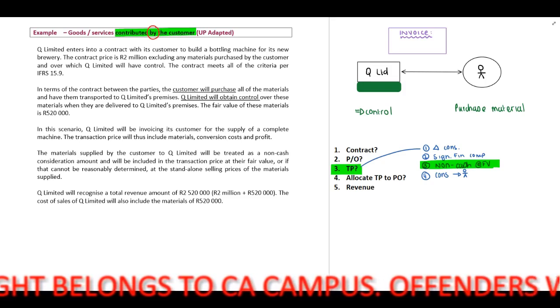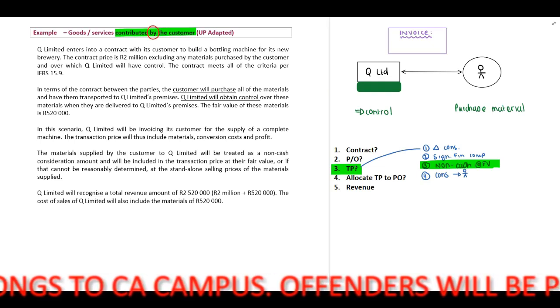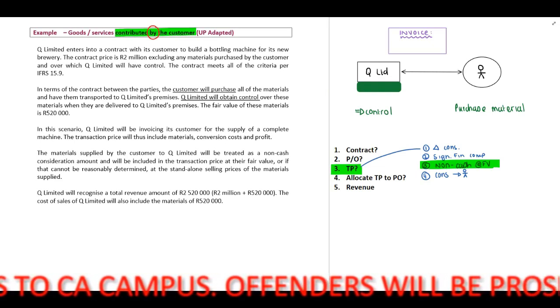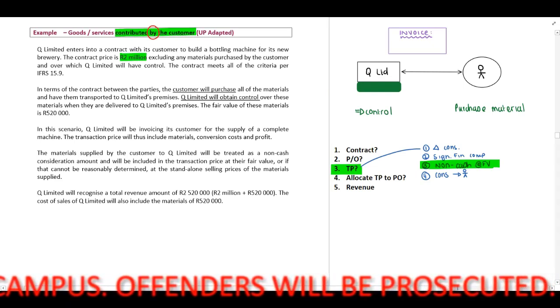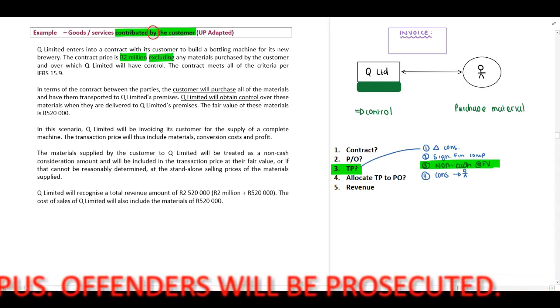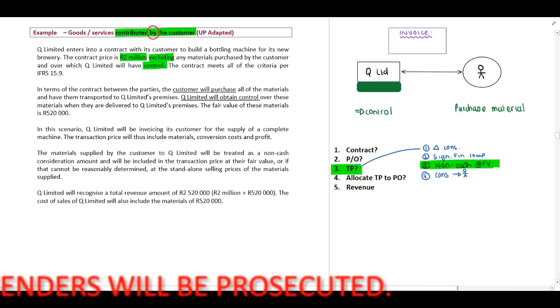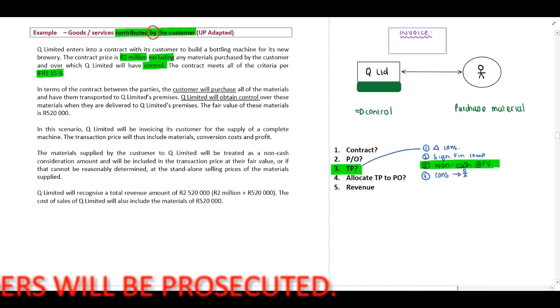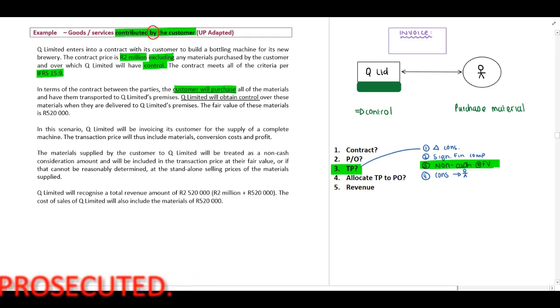Q Limited enters into a contract with its customer to build a bottling machine for its new brewery. The contract price is 2 million, excluding any materials purchased by the customer, and over which Q Limited will have control. The contract meets the criteria in terms of paragraph 9, and then in terms of the contract between the parties, the customer will purchase all of the materials and have them transported to Q Limited's premises.